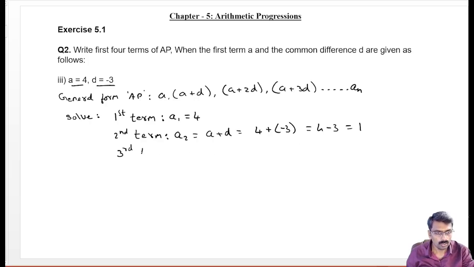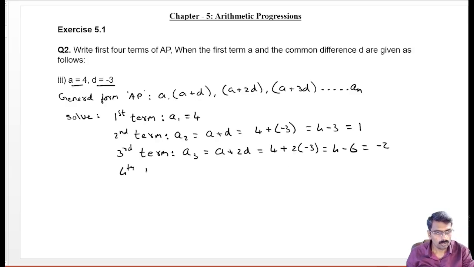And third term, a3 equals to a plus 2d, which is equals to 4 plus 2 times -3, that is equals to 4 minus 6, that is equals to -2.